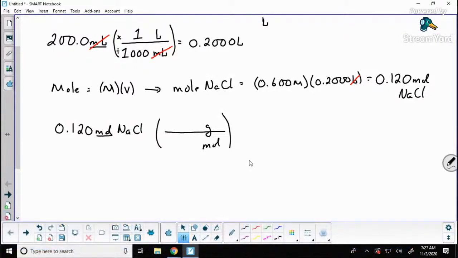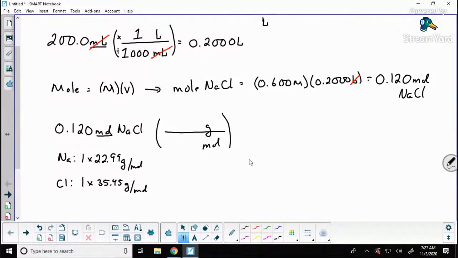So to calculate the molar mass of NaCl, sodium, I have one of those times its molar mass of 22.99 grams per mole, which we find that value from the periodic table. We have chlorine, 1 chlorine with its molar mass of 35.45 grams per mole. Again, we find that mass from the periodic table.